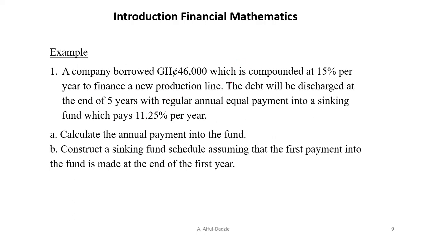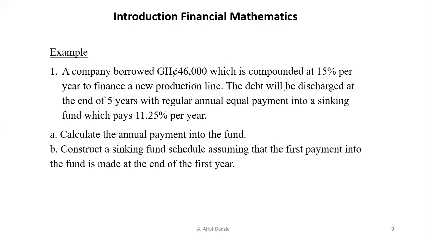This is the first question. Let's look at it. It says that a company borrowed 46,000 cedis, which is compounded at 15% per year, to finance a new production line.